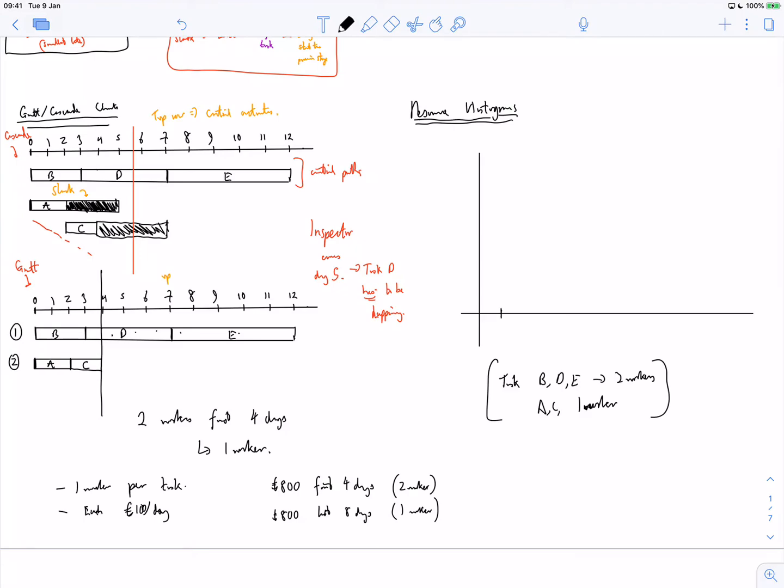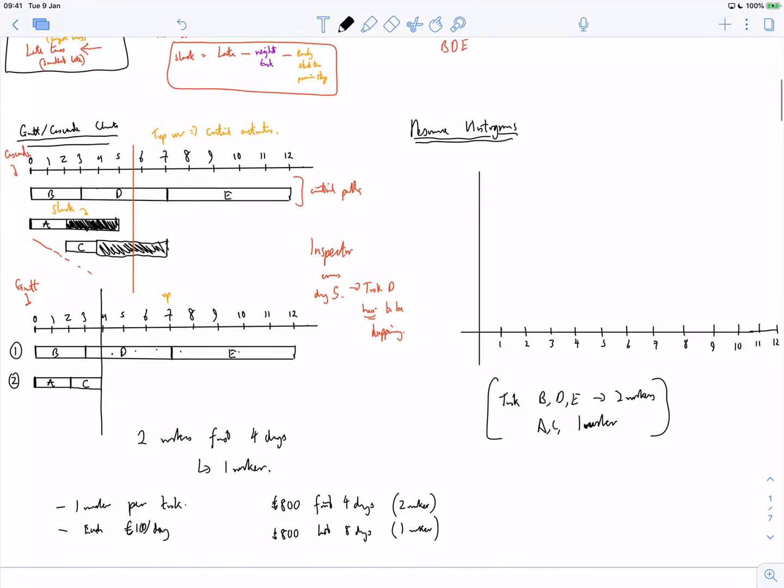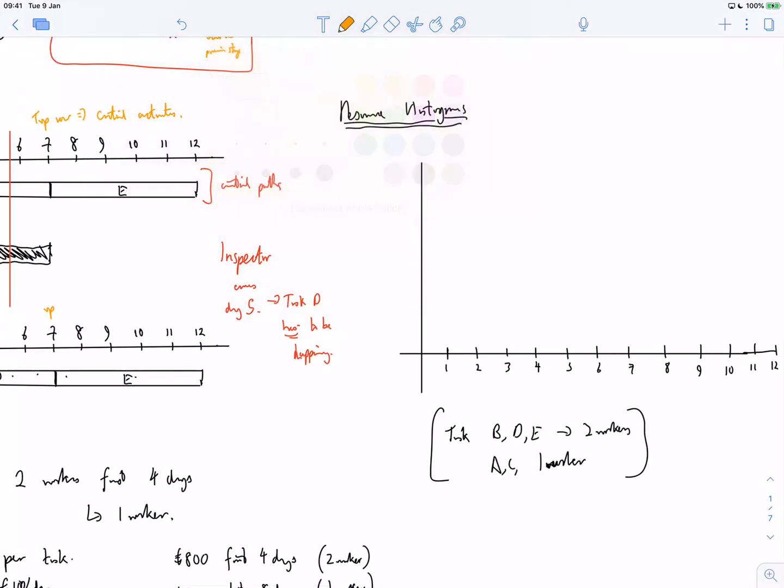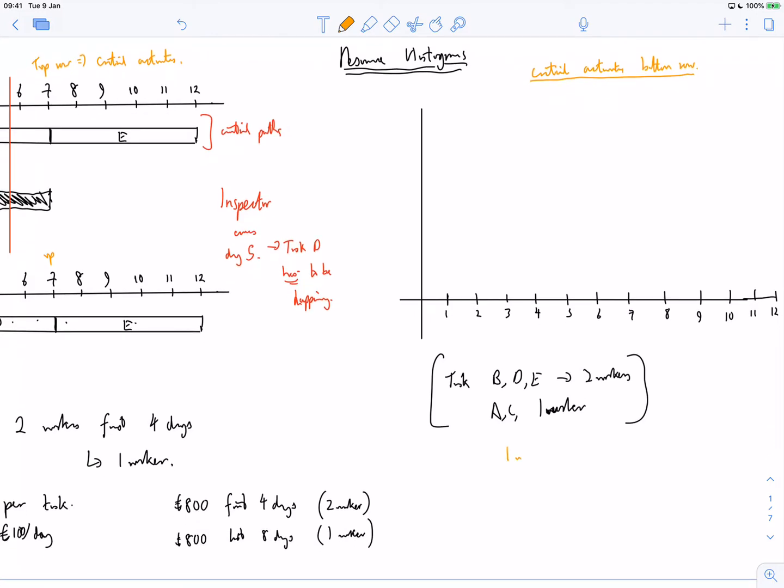So same deal, I'm going to have day 0, 1, 2, 3, 4, 5, 6, 7, 8, 9, 10, 11, 12. And now what you do is you put the critical activities on the bottom row, and then you just represent 1 worker per task as 1 square.